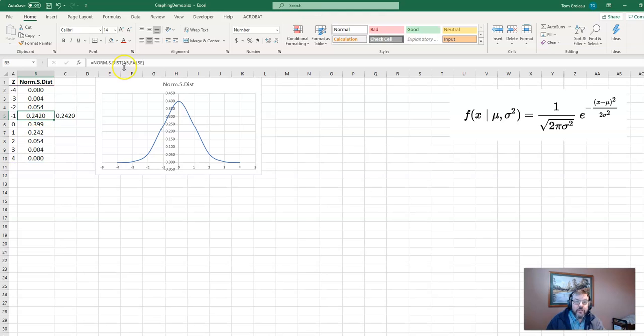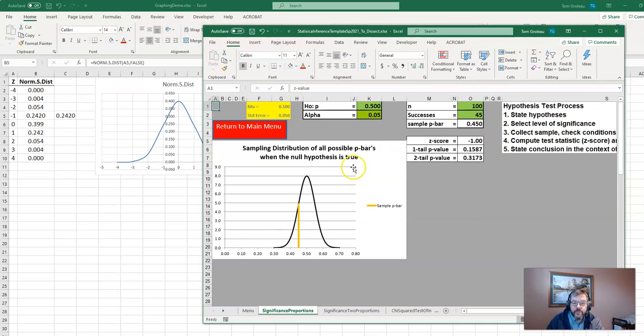But on this function, this is the first time you see me use false instead of true. Well, how the normal distribution function works is, when you use true, it's saying, give me the probability of being from this point all the way to the left, the cumulative probability.